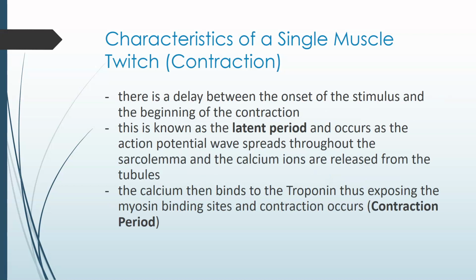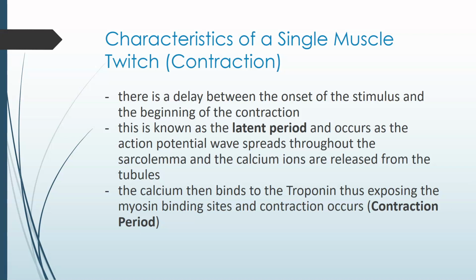Now, when we have the stimulus and the beginning of a contraction, there is a minor delay that occurs. And this is known as the latent period. This occurs as the action potential is spreading throughout the sarcolemma and the calcium ions are released from the tubules.